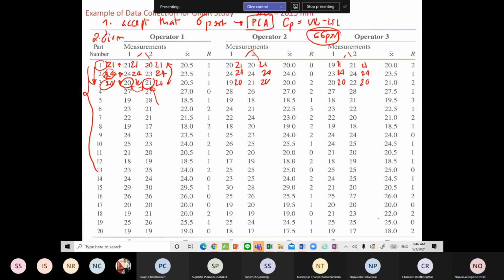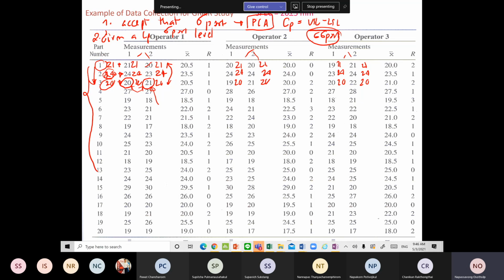Given a Cp or sigma part level, it can be large or small, we do not care at this point. But if, for example, the variation among the parts is large, we want our measurement system to tell that the variation is large, to be correct as it actually is.